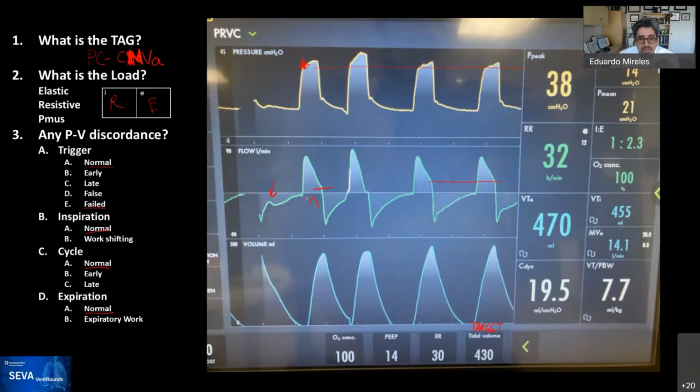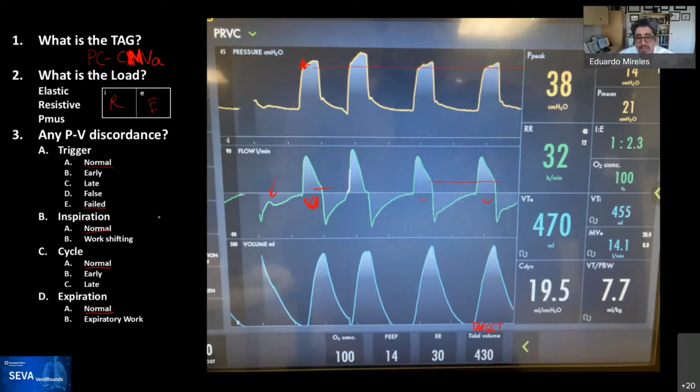So the patient is doing some effort right here, and perhaps some here. I was not entirely sure; this looks too similar to think about that. So perhaps there's an early trigger hidden here with this failed trigger, but there's some Pmus occurring in between these breaths. That was my interpretation of this.